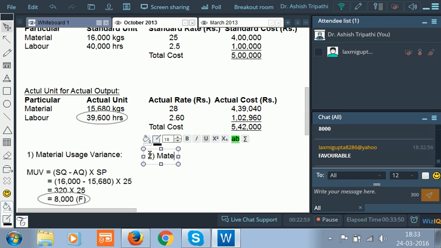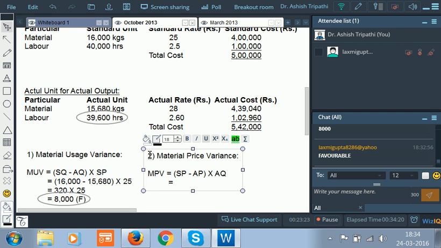Second, material price variance. The formula for material price variance is, as you said, standard price minus actual price into actual quantity.